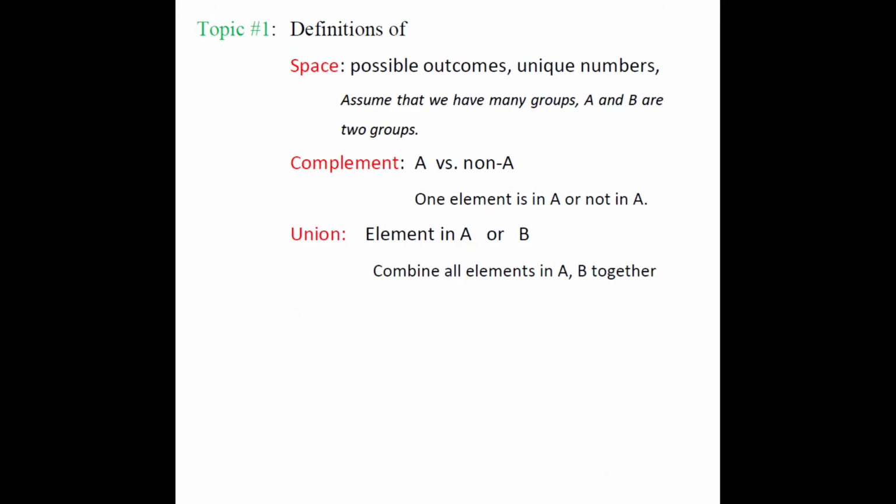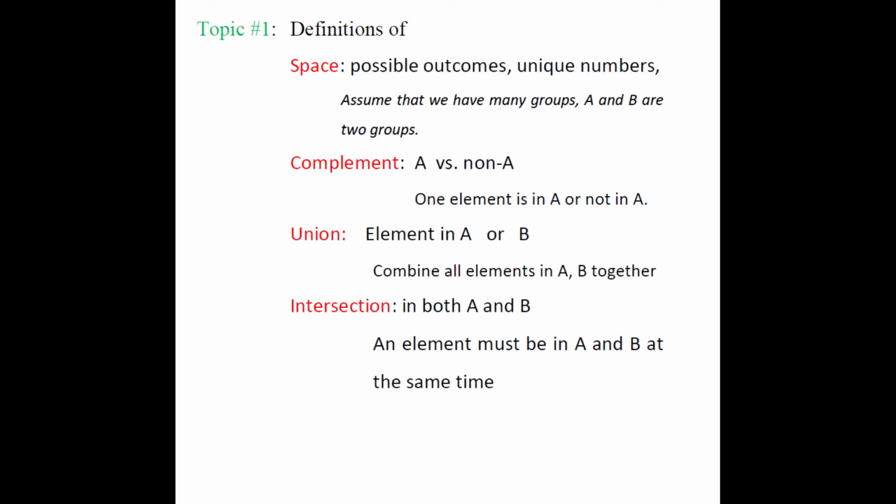Union is any elements inside group A or group B. Another statement is that all elements included in A or B, or A plus B together, is called union. Intersection. Intersection means the elements in both group A and group B.